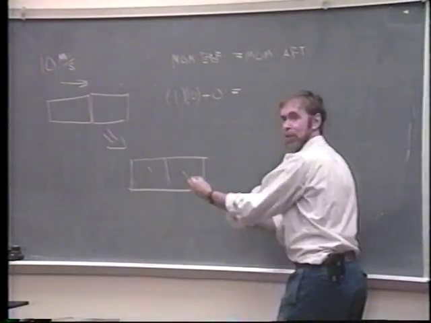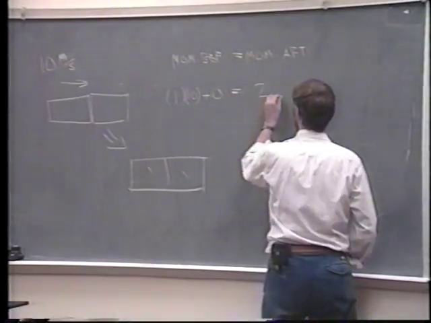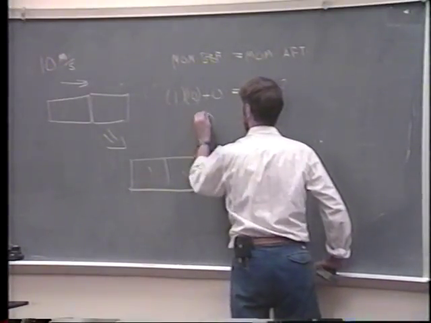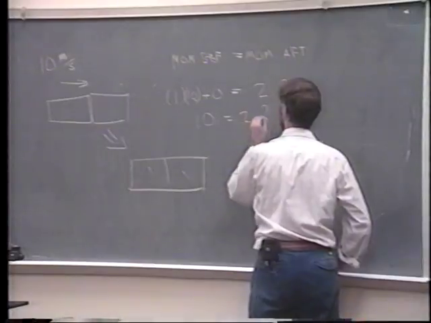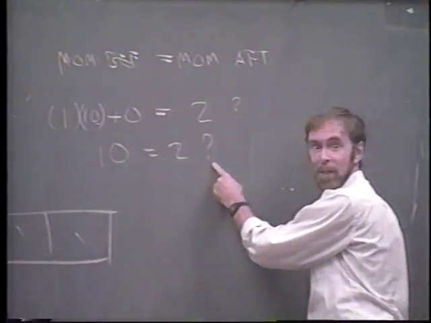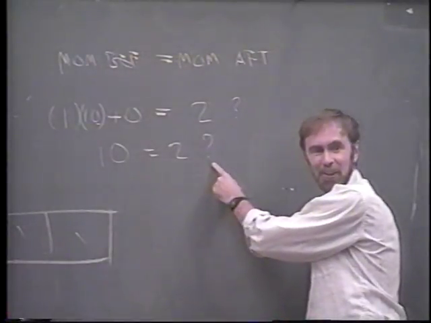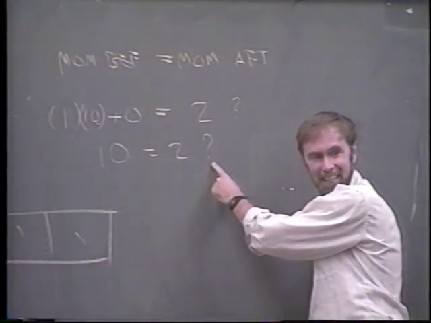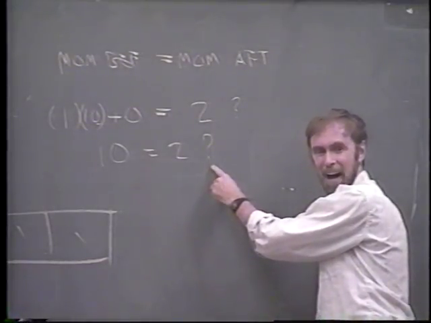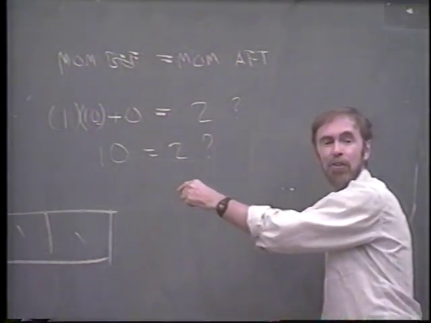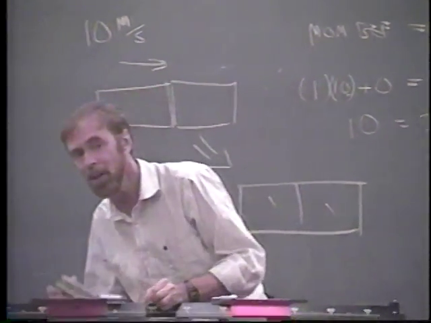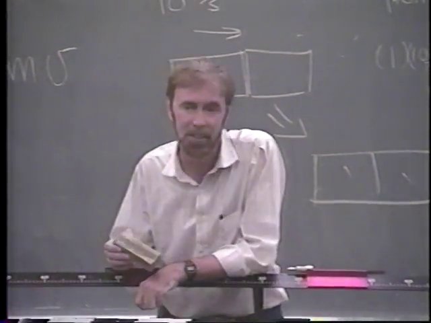Both cars are moving. So 2 times, and here's what I got to figure out. 1 times 10 is 10, equals 2 times. There are people who can calculate what this must be. Is there anyone in here who can't? Stand up. I want to see what you look like. What's this number here, gang? 5. And so we see, yeah, the 2 cars do move at half the speed. So they'll have the same momentum.